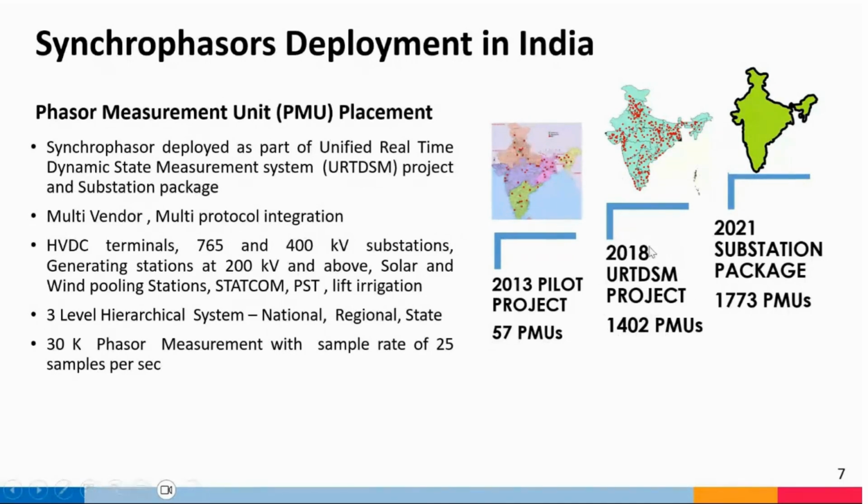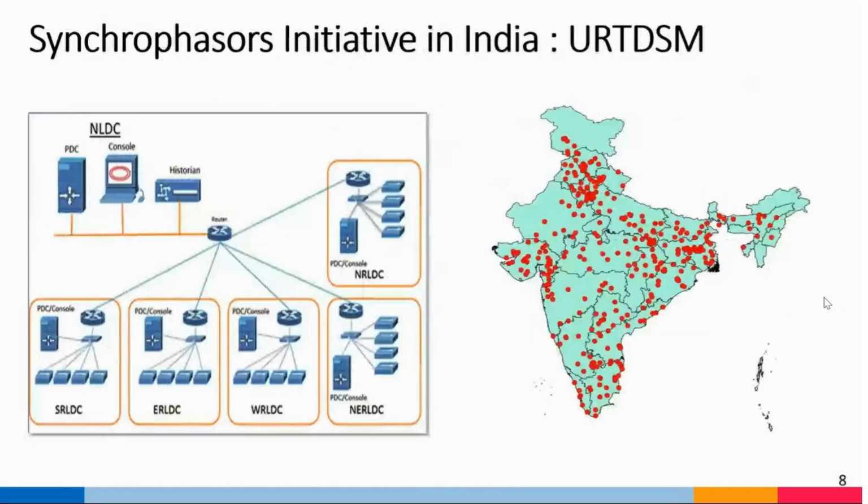In 2018, under the URTDSM project, 1,402 PMUs were installed all over India, and it has since been enhanced to more than 1,700 PMUs, installed in the Indian power system and reporting to the control center. So we moved from a smaller scale project to a larger scale by first identifying the benefits, so that we get a complete overview of how we can enhance our system operation activities based on these synchrophasor devices.